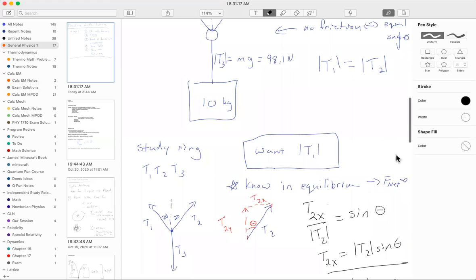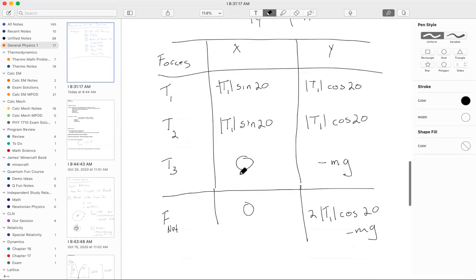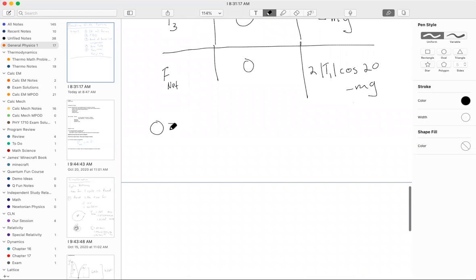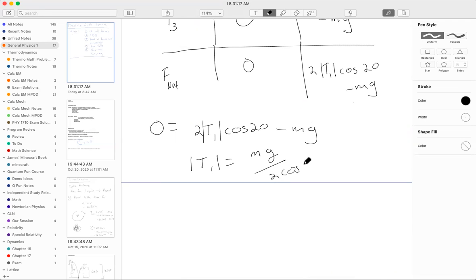Because it's in equilibrium and the net force is 0, 0 equals 2 T1 cosine 20 minus mg. Oh, I lost my absolute value sign. So the magnitude of T1 is mg divided by 2 cosine of 20. We can type that into our calculator, and if I'm doing that right, I'm getting 52.2 newtons.